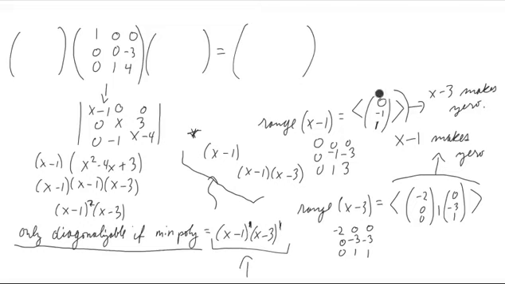And we end up getting this, all right? X minus 3 makes this 0. Okay. And then that's the range of x minus 1. And notice that x minus 3 actually makes all of that 0. The range of x minus 1 is actually one-dimensional here. That's okay.